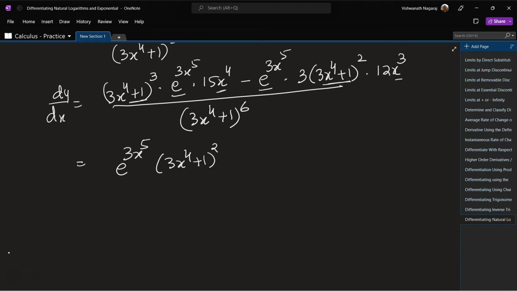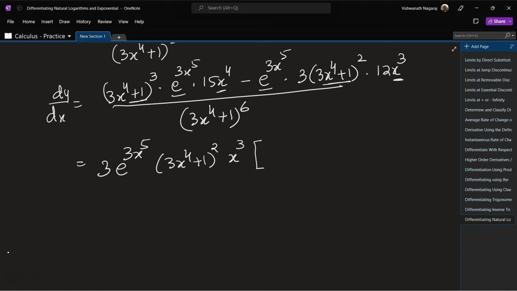Here x cube is common. So x cube is common. And here we have 3 and here we have 3 5 15. So 3 is common. Okay, now let's see what is left out.